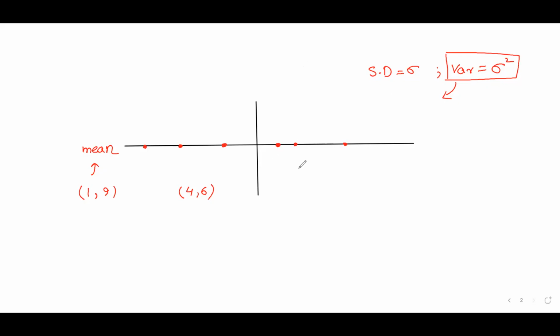Okay, so let's say I have the points 1 and 9, and I have the points 4 and 6. What is the mean value in this one? In here, the mean value is 5. In here, the mean value is also 5, right? But the thing is, in this one and this one, how are my points distributed from the center, right?